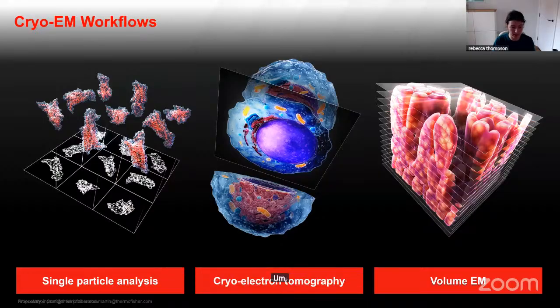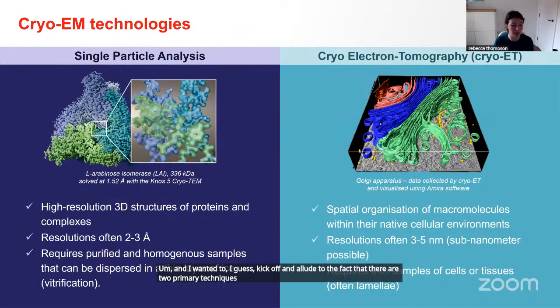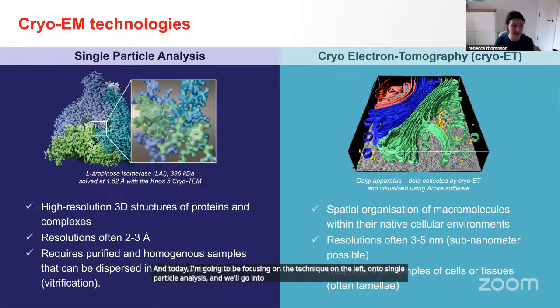And I wanted to kick off and allude to the fact that there are two primary techniques by which you can use cryo-electron microscopy to solve structures of proteins, so to generate high resolution structural information of proteins. Today I'm going to be focusing on the technique on the left, single particle analysis, and we'll go into this technique in more detail as we go through.